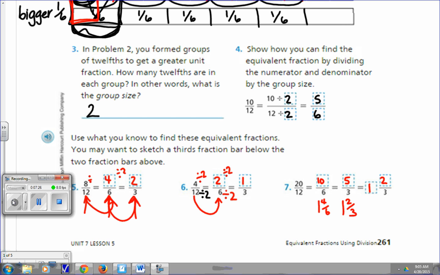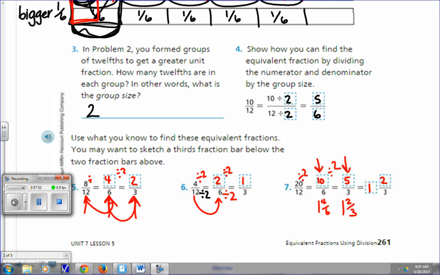So what you're seeing on number 7 is that there are some improper fractions. But that's okay. You can still divide by 2 and get this. Simplifying means you're making it in the simplest form possible. That includes being improper.